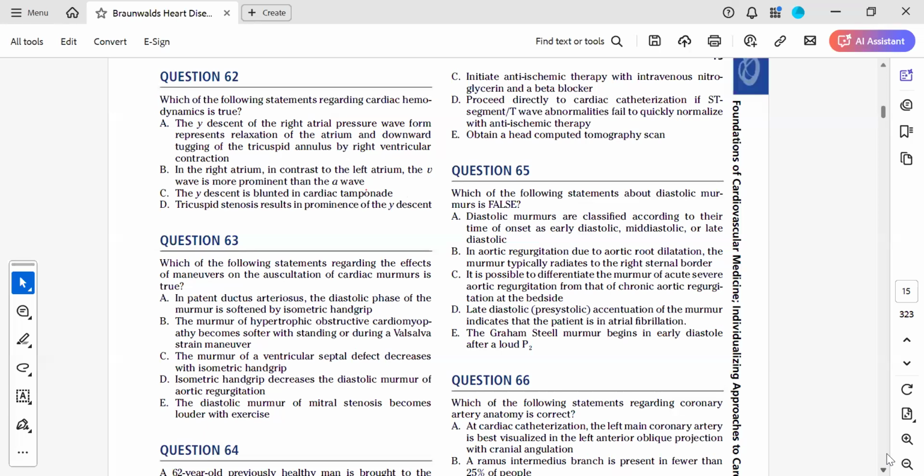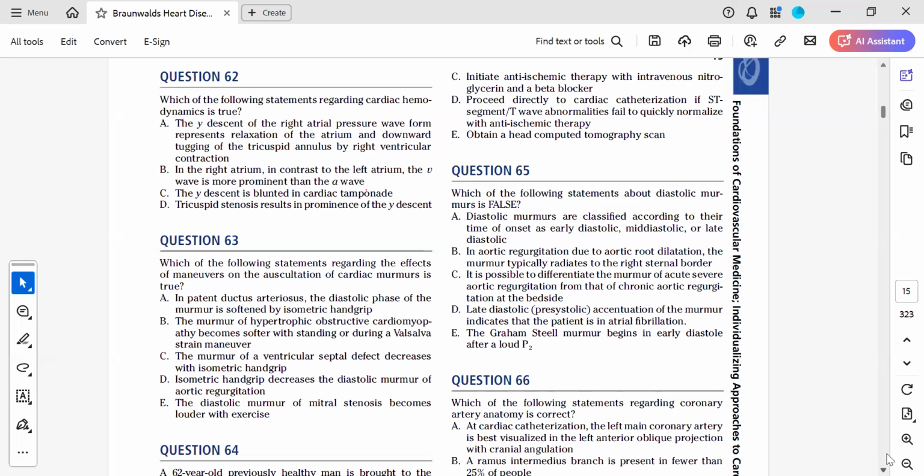Then after the atrial relaxation comes ventricular filling. That's when there is increased venous return. So the pressure now increases because of the venous return into the atrium. Following this venous filling of the atrium, the next stage is atrial emptying.